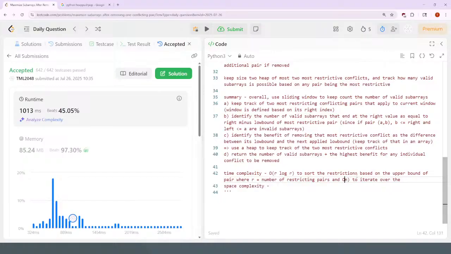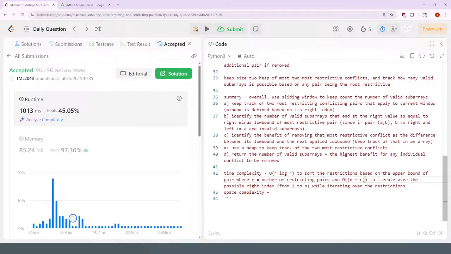I guess it'd be O of max of n plus r to iterate over every possible right index from 1 to n, and while iterating over restrictions as well. I guess it's n plus r, log 2.